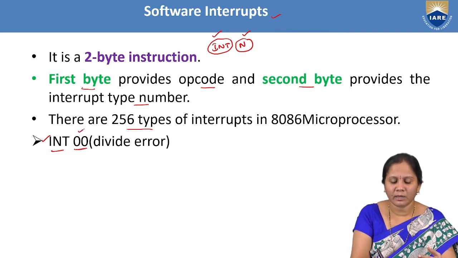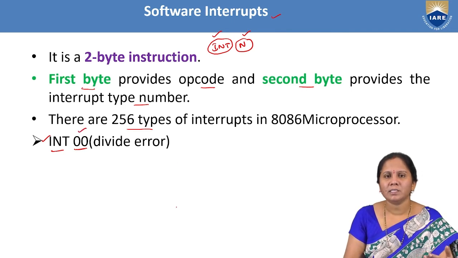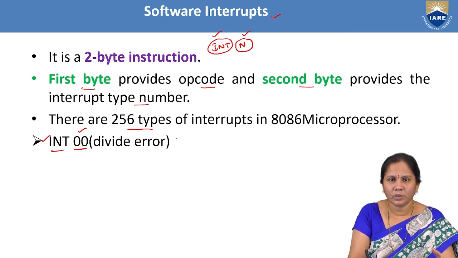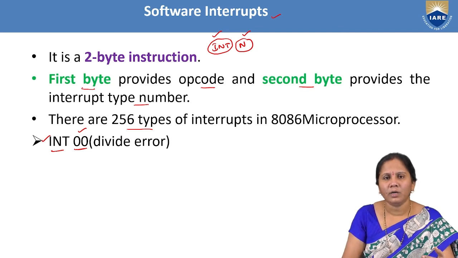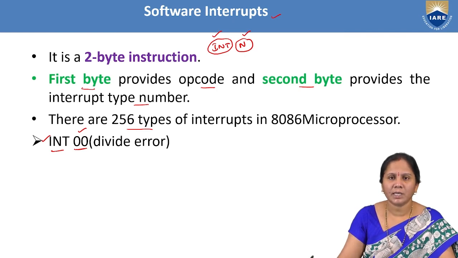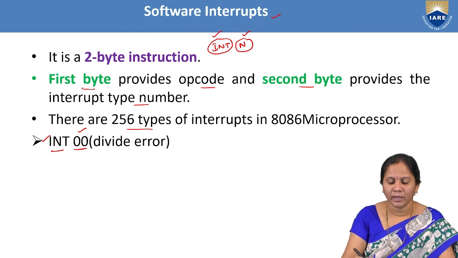Based on this type number only, the ISR address will be calculated. Why are these 5 interrupts called dedicated? Because each interrupt has its own operation. One of the interrupts is INT 00. Its function is divide error.